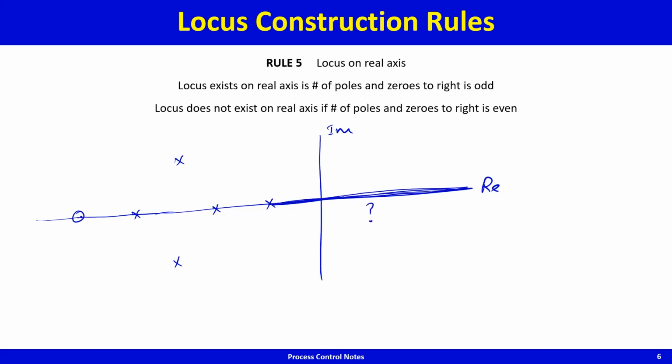So say, okay, let's take a candidate point over here. Angle subtended by any real pole is 0 degrees.